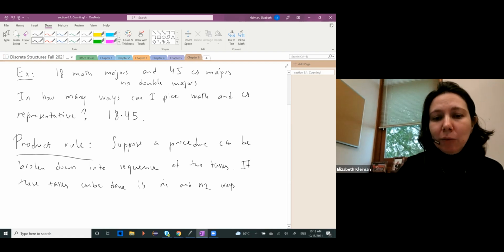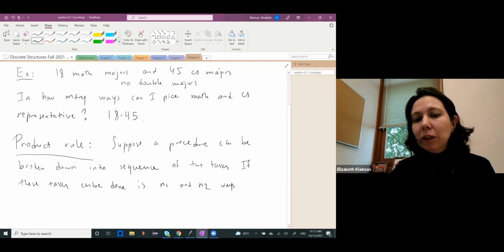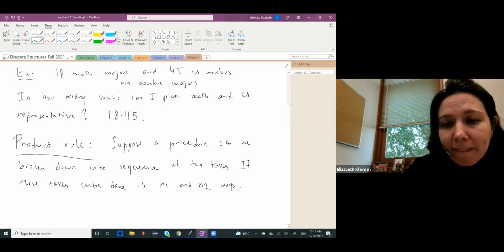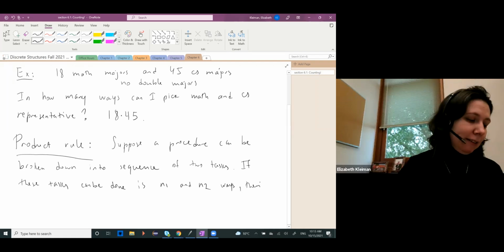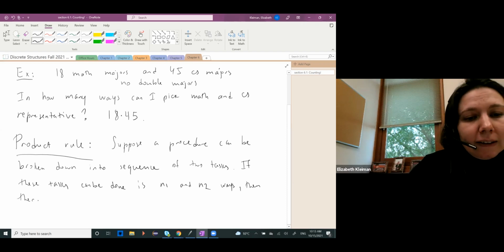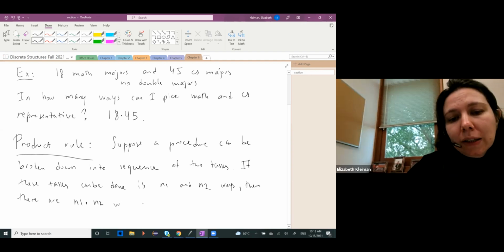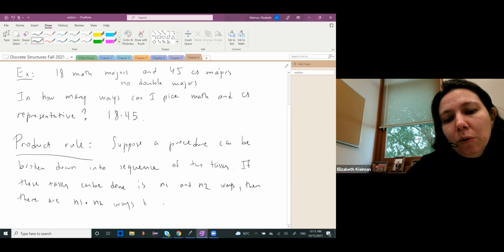So task 1 can be done in N1 ways, and task 2 can be done in N2 ways. Then there are N1 multiplying N2 ways to do the original task.